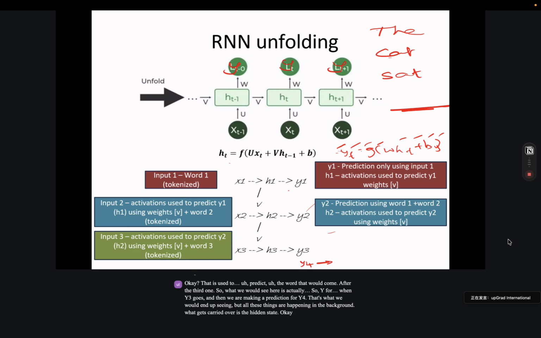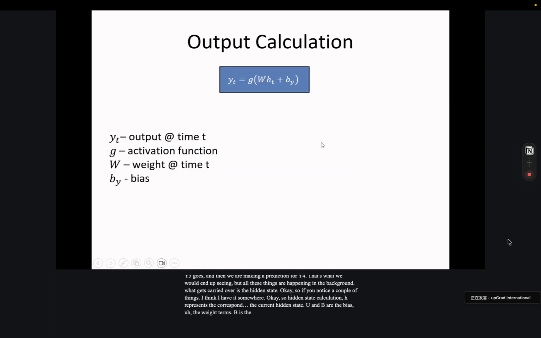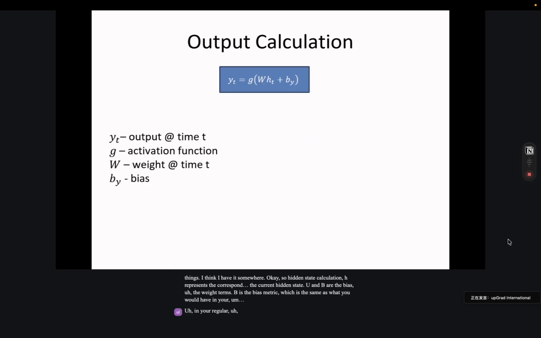Okay, so if you notice a couple of things, I think I have it somewhere. Okay, so hidden state calculation. H represents the current hidden state. U and V are the weight terms. B is the bias metric, which is the same as what you would have in your regular neural network.